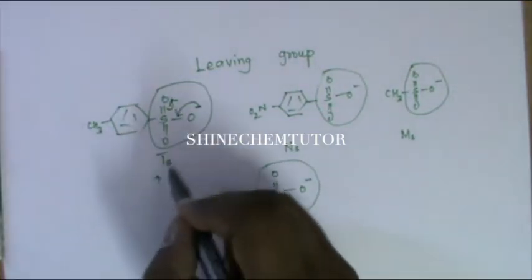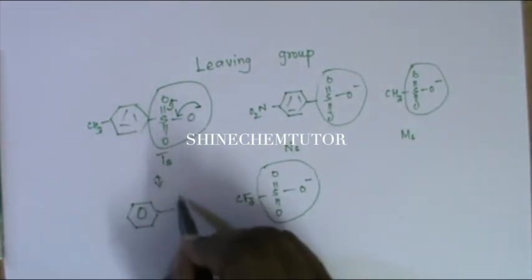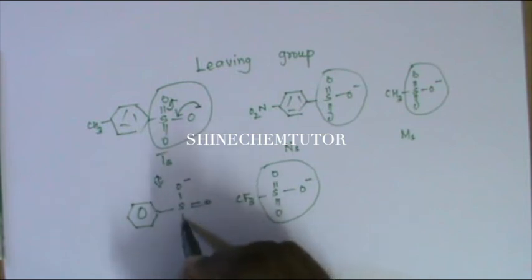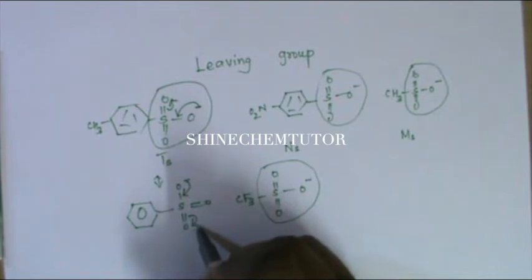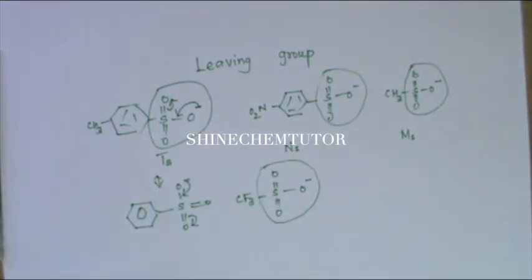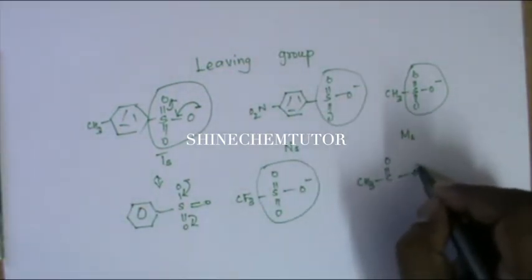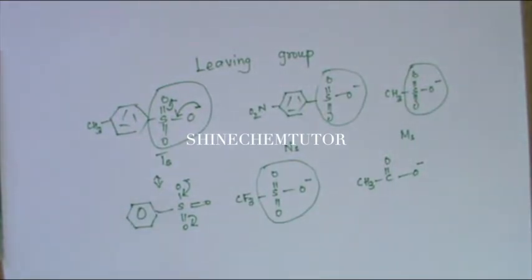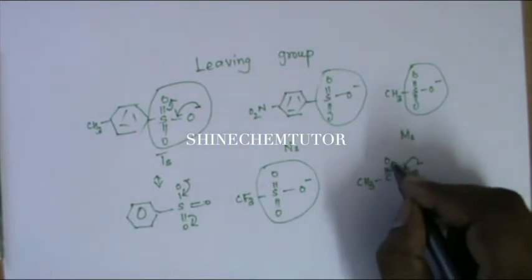So what we get is like this. Further, it can delocalize on this oxygen atom also. So because of that, we get 3 resonance structures, and it is resonance stabilized, so they act as better leaving groups. Even acetate can act as a leaving group to some extent. The reason is this resonance.